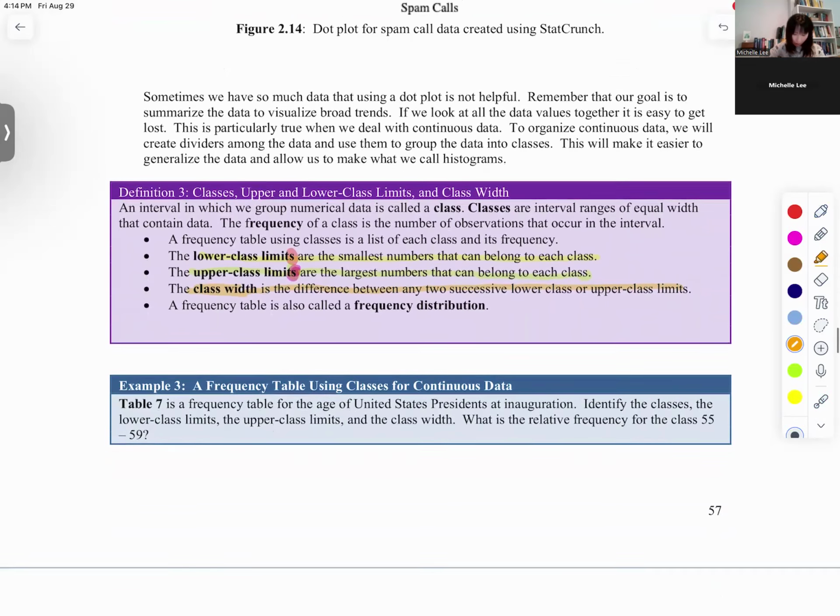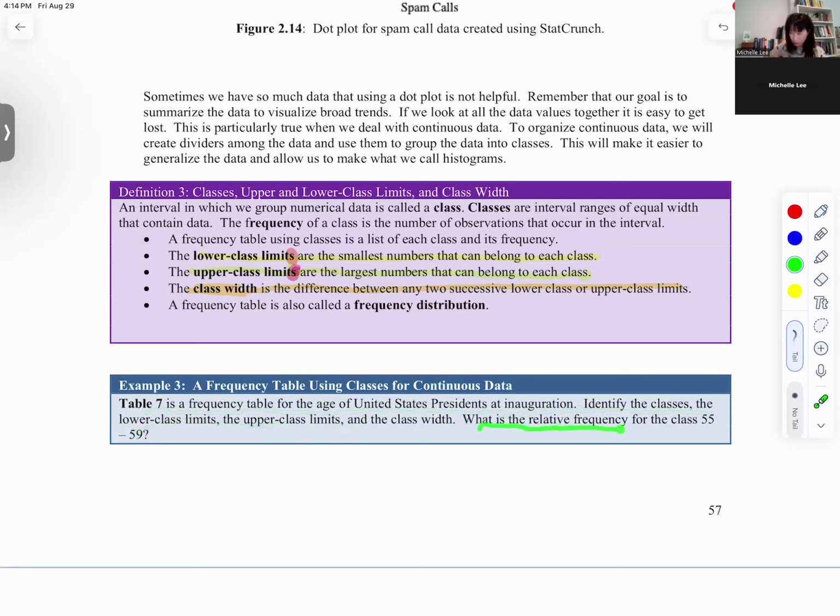Okay, now we have an example. Table 7 is a frequency table for the age of US presidents at inauguration. We did this one. Identify the classes, the lower class limits, upper class limits, and class width.